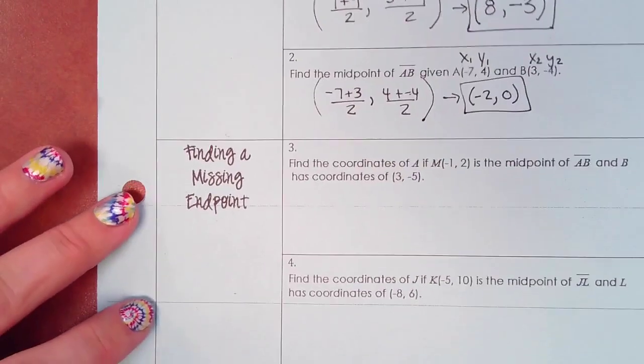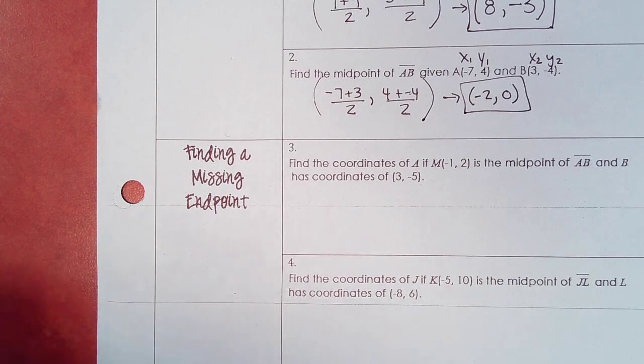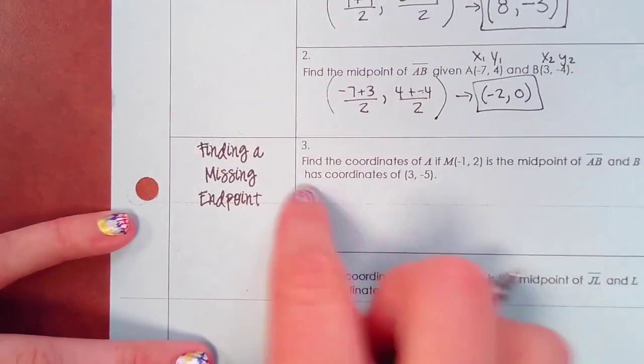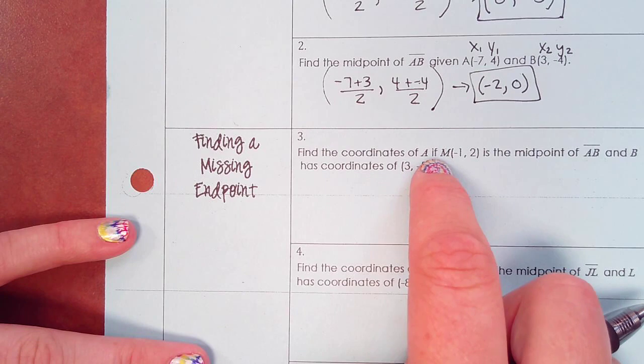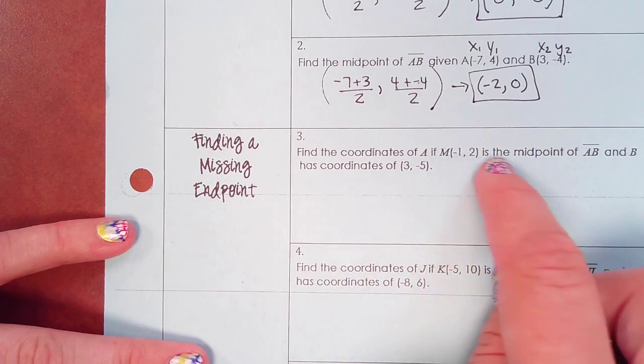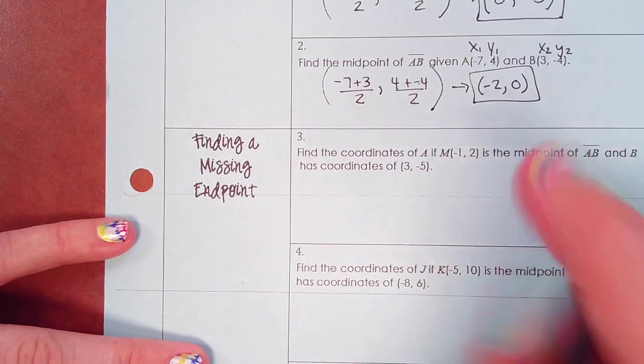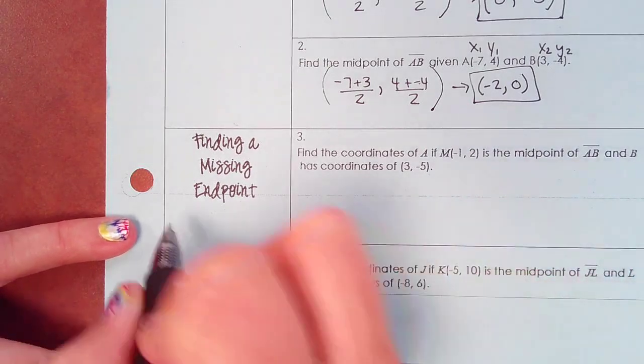Next portion, we're going to find a missing endpoint. So this time I'm going to give you two ordered pairs. One of them is going to be the midpoint, and you're going to have to find the missing part on one of the ends of the segments. It says find the coordinate of A if, here's M. M is the midpoint of AB. So let's just sketch AB.